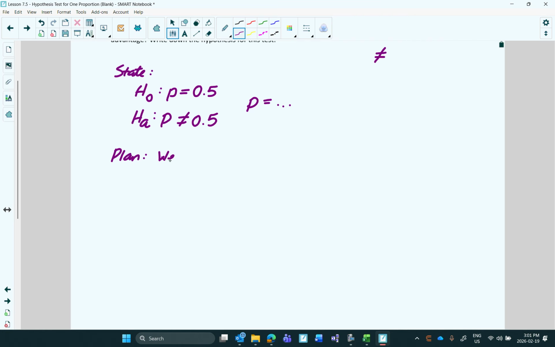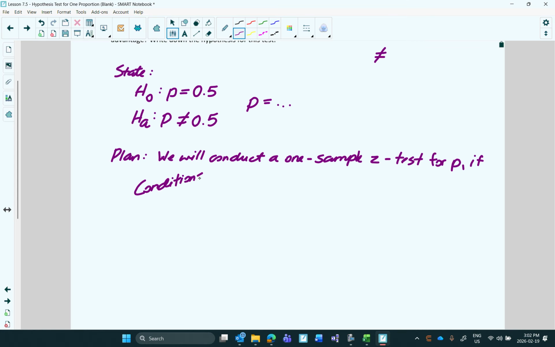We will conduct a one sample Z test for p if, and I'm not going to rewrite these conditions because we've already proven that these conditions were met.